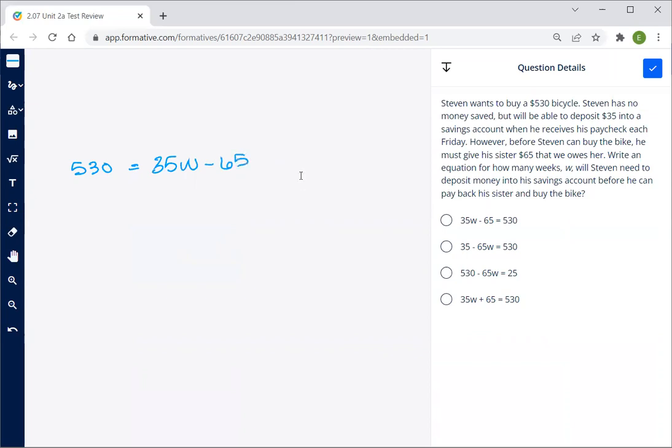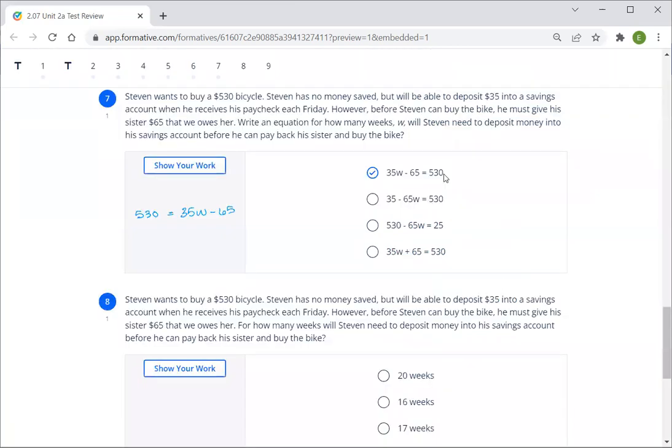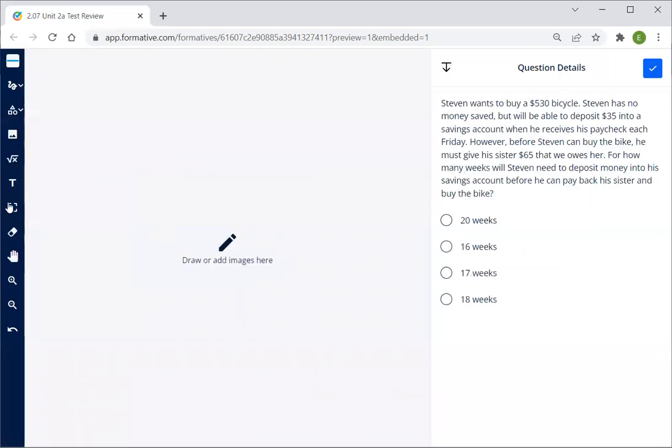Because if he owes her that, I would have to subtract it. He's $65 in the hole. So if we take that equation, we can solve it. And I'm going to have you guys solve this one on your own, because I think you guys can do that.